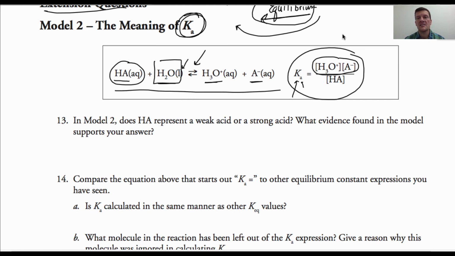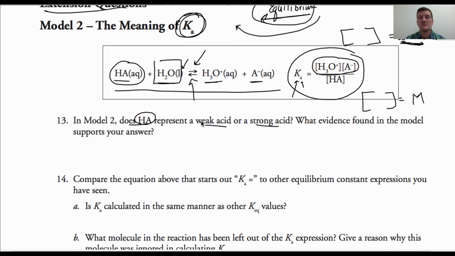And these brackets here, when you put a formula in brackets, it means concentration. So anything in brackets means we're measuring the concentration of that, like molarity. Okay, that's what that means. In Model 2, does HA represent a weak acid or strong acid?